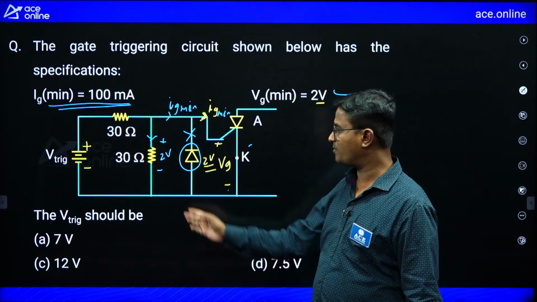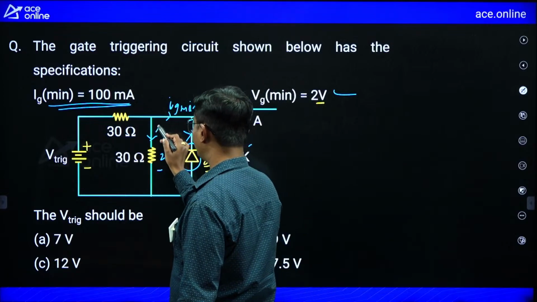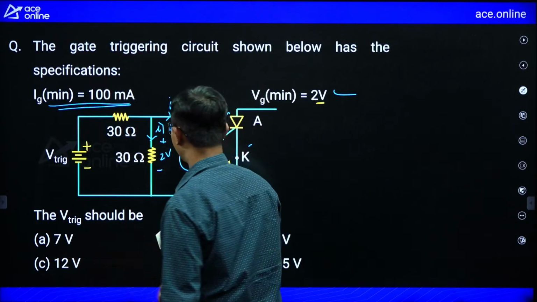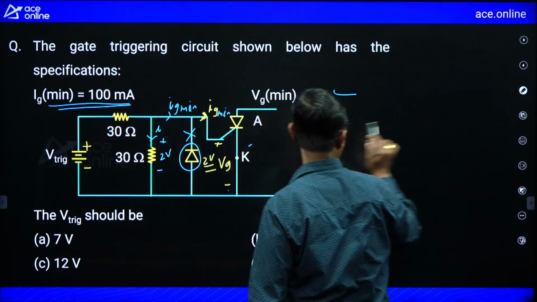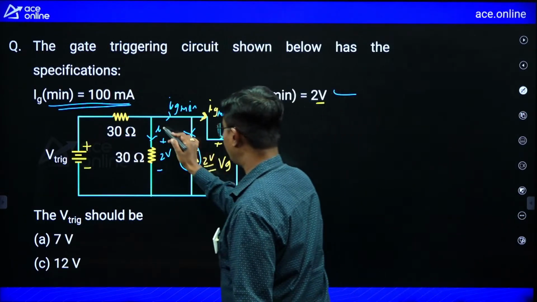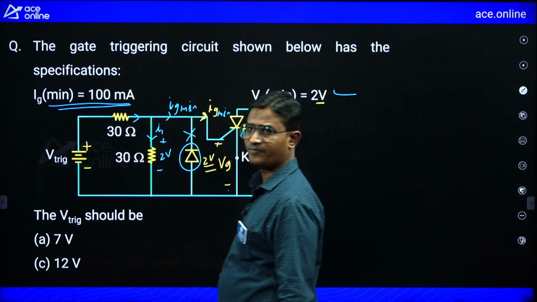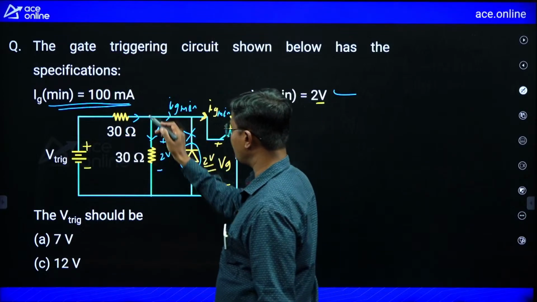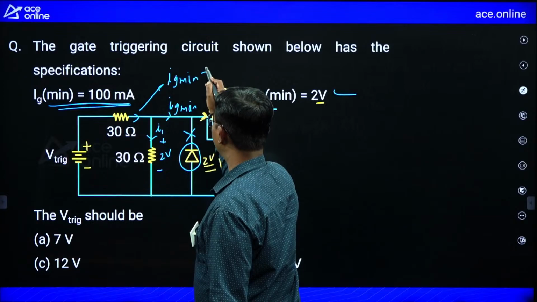From this I can find the current flowing through the resistor. Let me write that current as I1. And what is the current flowing through this branch? This branch current is Ig min plus I1.